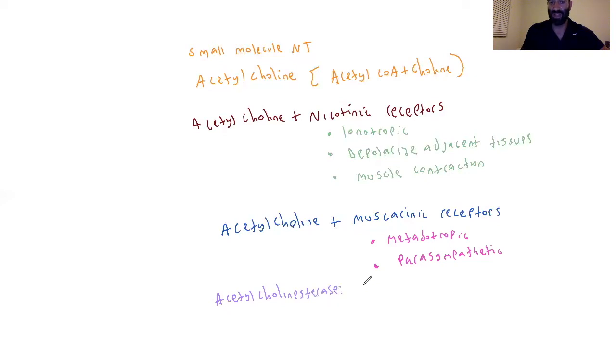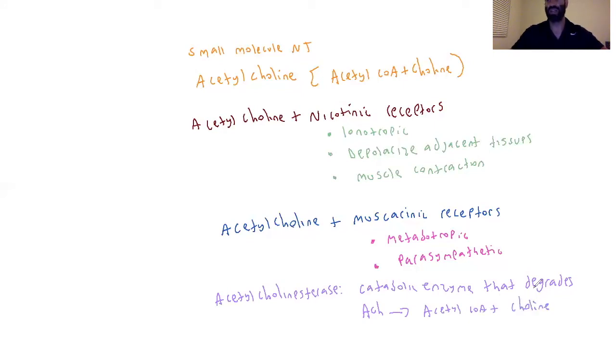And this is a catabolic enzyme that degrades acetylcholine into acetyl-CoA plus choline. You don't want acetylcholine to stay in the synapse any longer than it has to, because the muscles will become overstimulated. We'll talk about that later on.